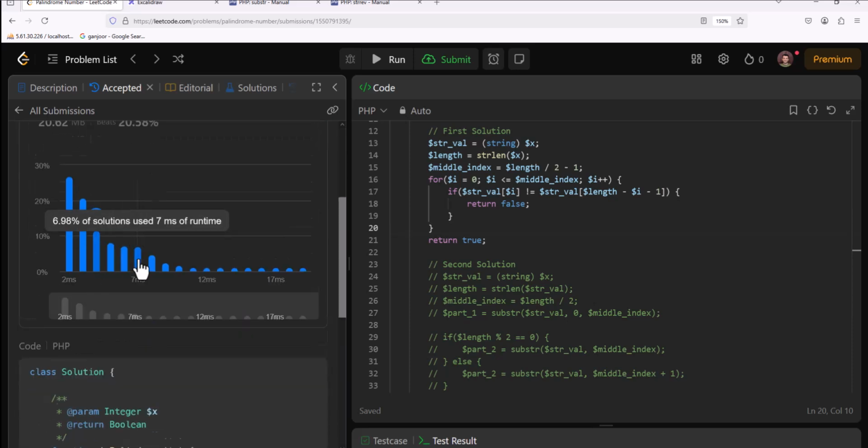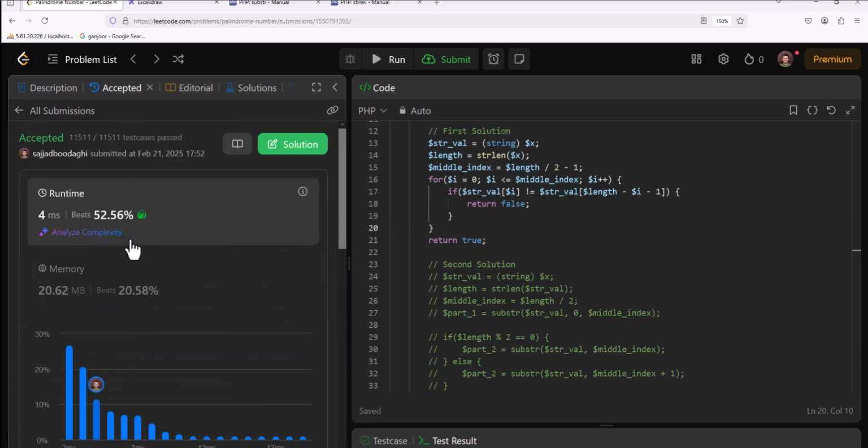What's going on here? It doesn't make any changes in the response time.